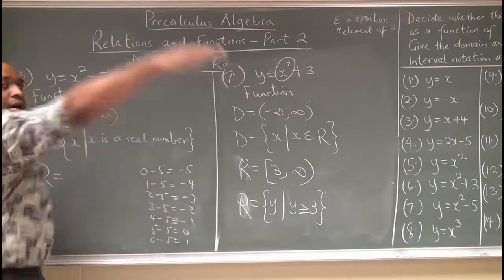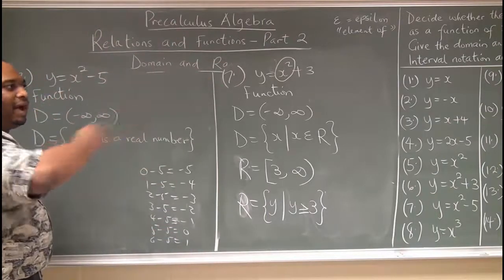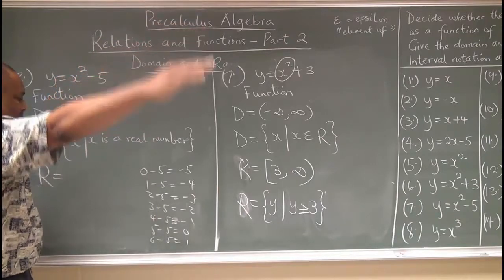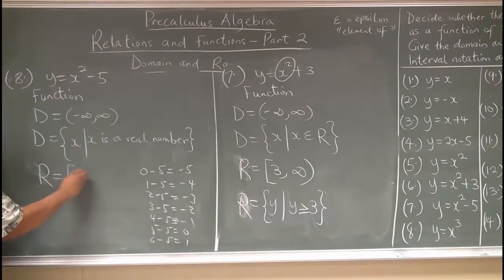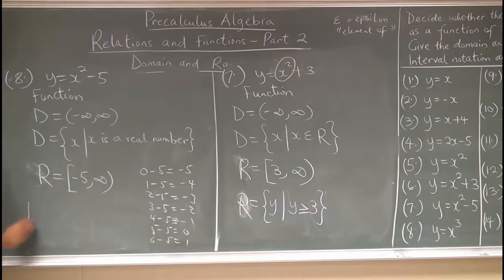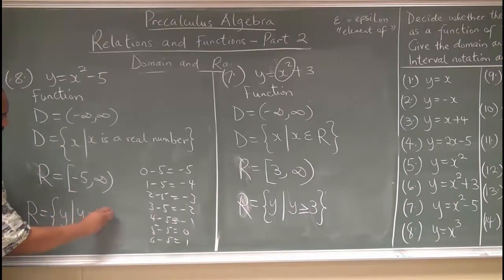So you see, it all takes from negative 5 up to infinity. So this will be from negative 5 inclusive up to infinity as the interval notation. Then the set notation will be, range is a set of y such that y is greater than or equal to negative 5.